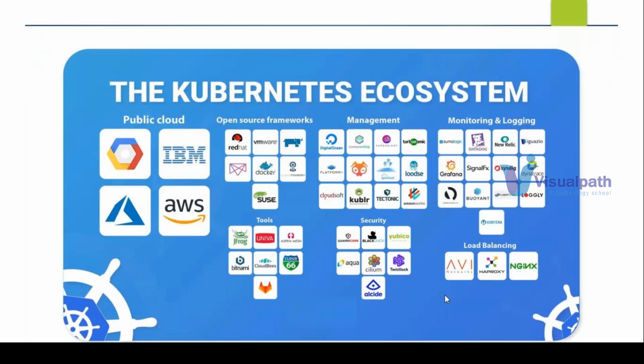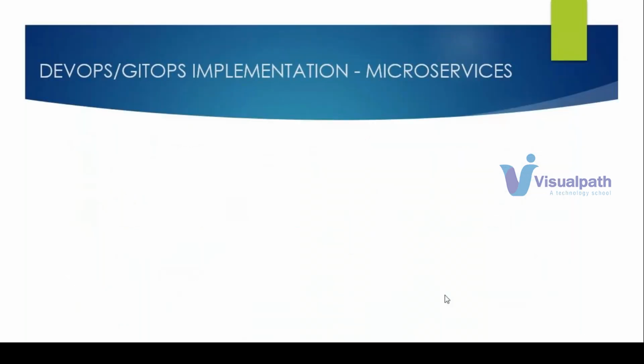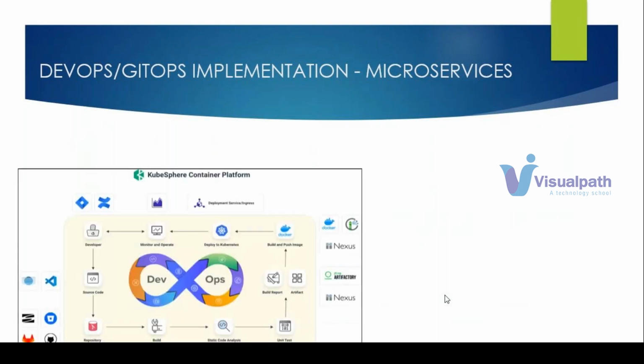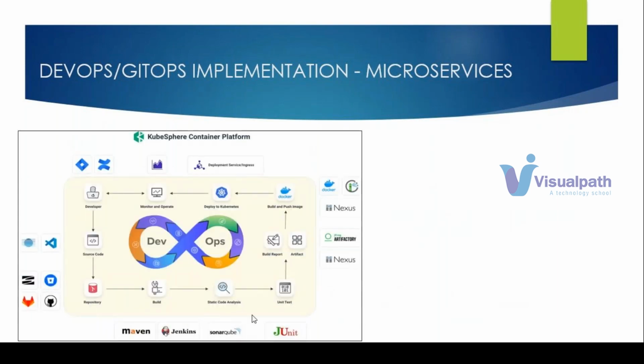Okay, this is about Kubernetes. Now I'm going to cover one end-to-end flow of one particular implementation of a microservice with DevOps and GitOps. In this slide, let's assume a developer; this is about a microservice only, not any other flavor of application. The developer develops the code and commits it to the source code repository.